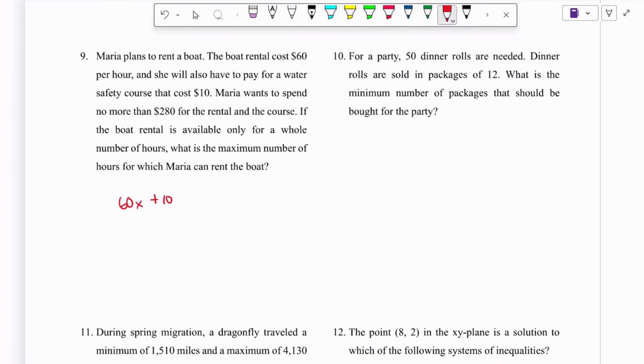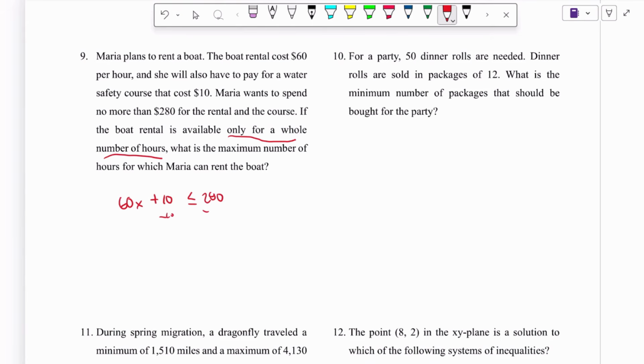Maria wants to spend no more than $280 total. So 60x plus 10 has to be less than or equal to $280. If the boat rental is only available for whole hours, ooh, whole hours, no decimals, what is the maximum number of hours that she can rent the boat?